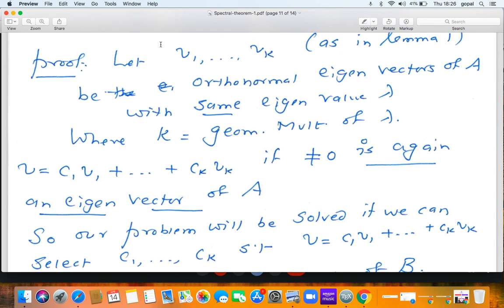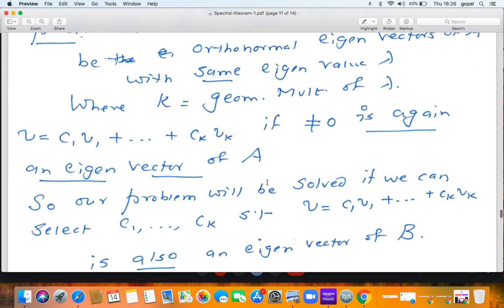Now we are going to manipulate these constants c1, c2, ck such that, with a suitable choice of c1, c2, ck, this combination will become an eigenvector again.